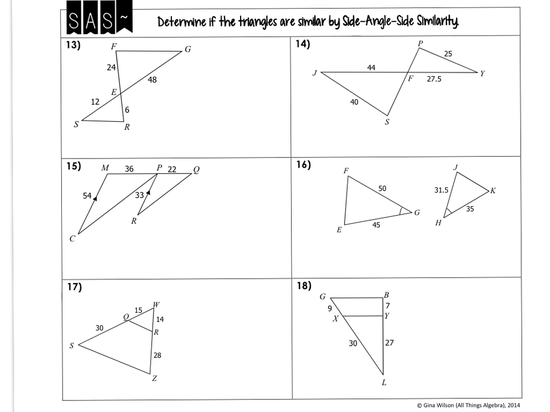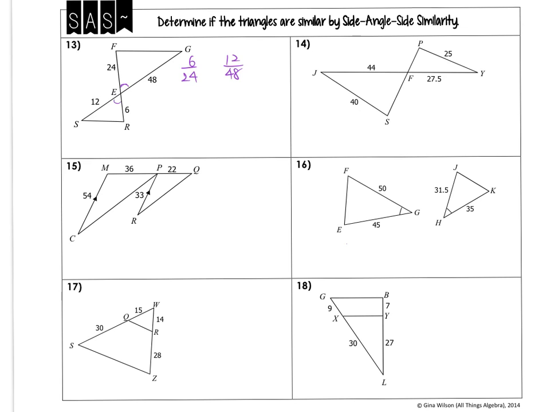So let's do SAS. SAS, number 13, I have 2 sides and I have a vertical angle. So 1 pair of congruent angles, and I just need to see if the 2 corresponding sides have the same scale factor.